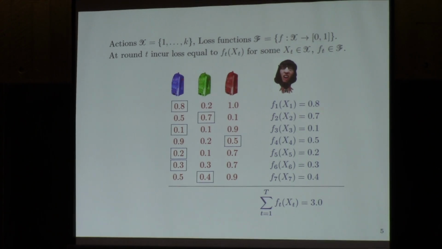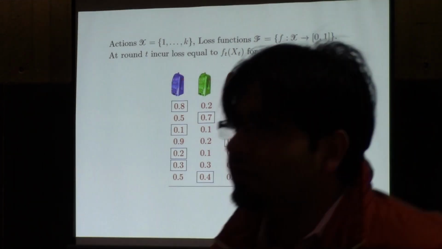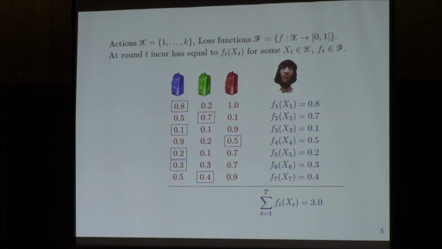Now, at the end of the game, the learner looks at the rewards accumulated or losses. I'll sometimes refer to these sequences as loss functions or reward sequences. I'll switch between losses and rewards a bit interchangeably, so excuse me for that.